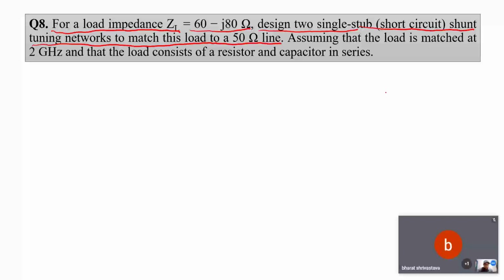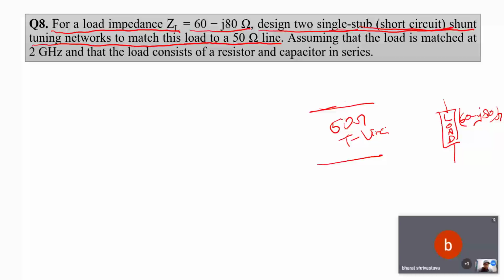Basically, if this is the load having impedance of 60 minus j80, you have to design one shunt tuning network, which is a short-circuited stub, so as to match this load with a 50 ohm transmission line.